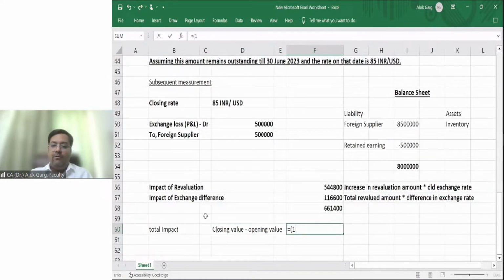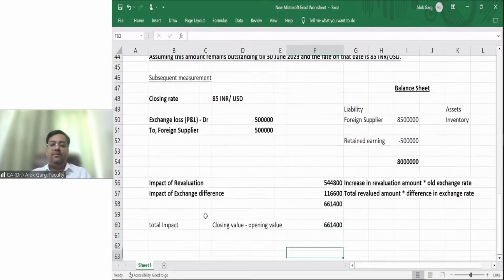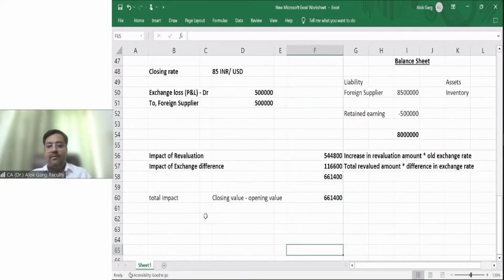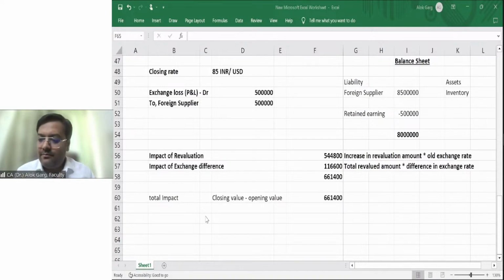It is my 1 lakh 10,000 multiplied by 55.54 minus 1 lakh multiplied by 54.48. 661,400, right? 661,400. Is that clear? Namrita, is that clear? Yes or no?